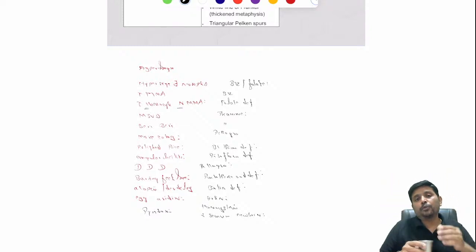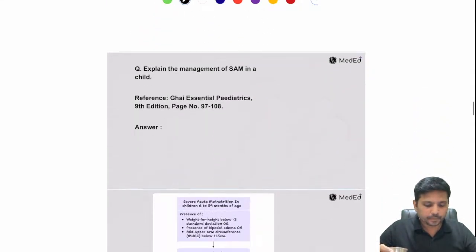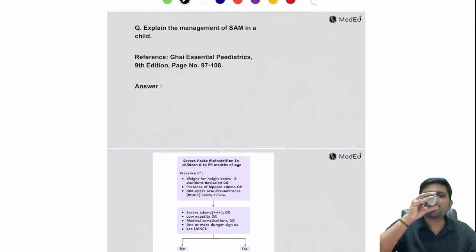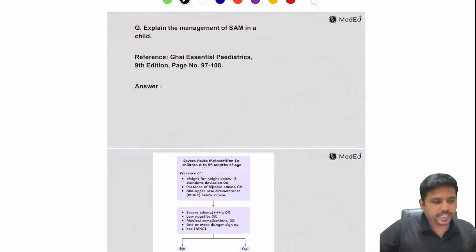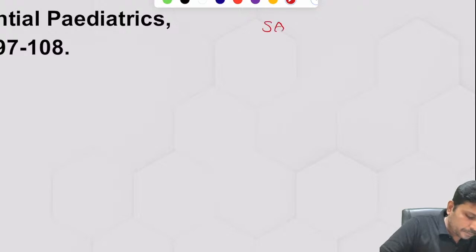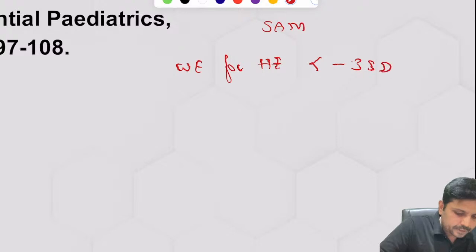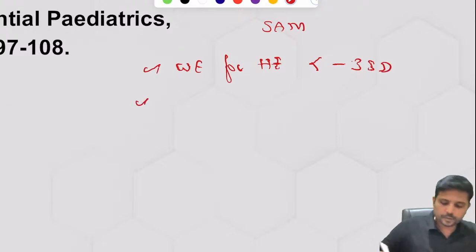Now let's talk about severe acute malnutrition. Define severe acute malnutrition. They will be asking you to define it. Weight for height less than 3 standard deviations.